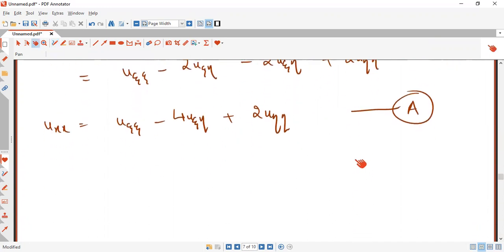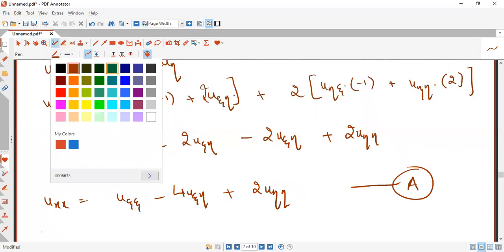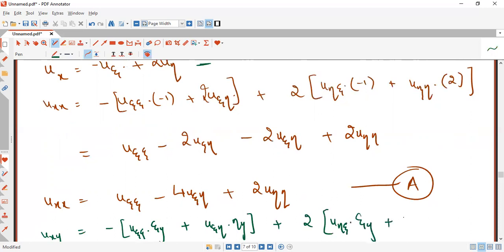Let's find uxy. Minus of u xi xi xy plus u xi eta eta y plus 2 times u eta xi xy plus u eta eta eta y.